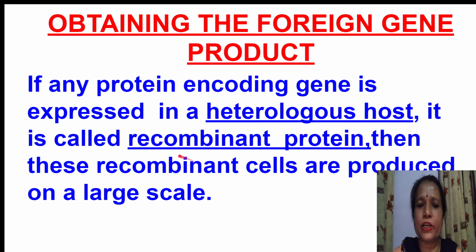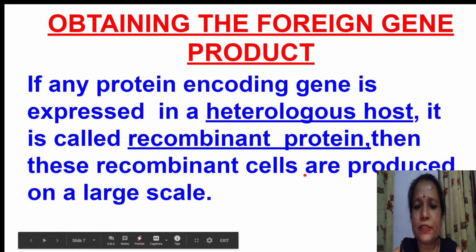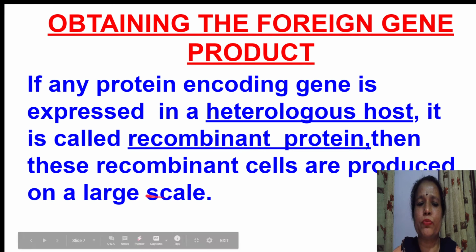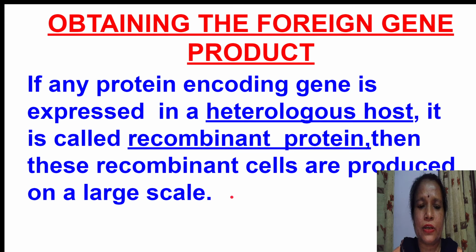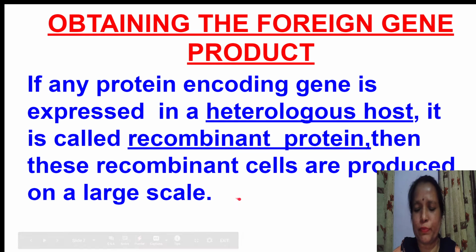And this protein, which will show its expression in case of this E. coli, will be known as recombinant protein. Now these recombinant cells which are carrying the recombinant genes are to be produced on a large scale so that we can get a large yield of our product.